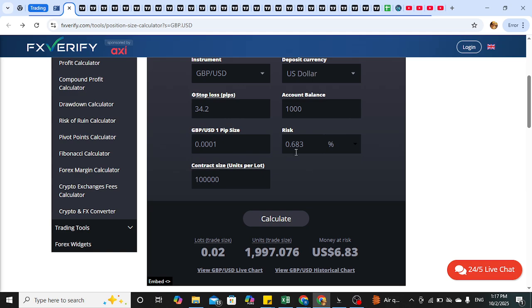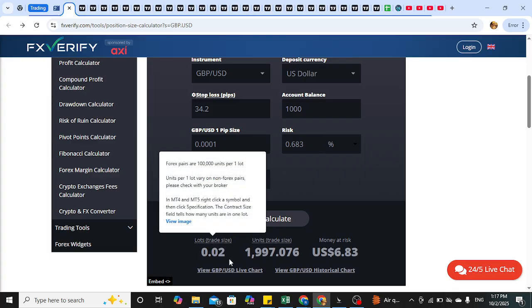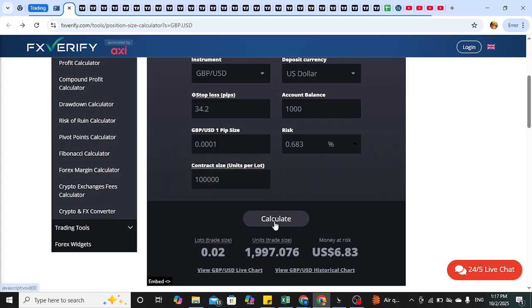So my risk is 0.683%, which is about $6.83 from the 1000. To me, this is acceptable. It is still near the 0.5%, and I will go with the 2 micros.